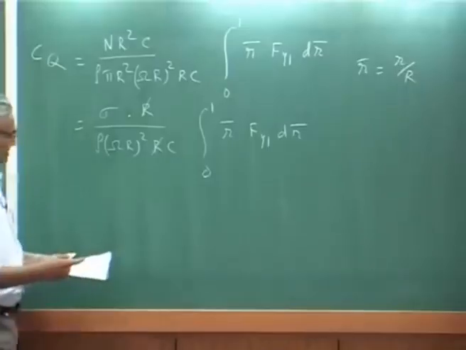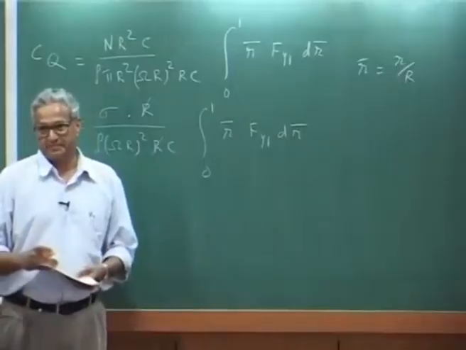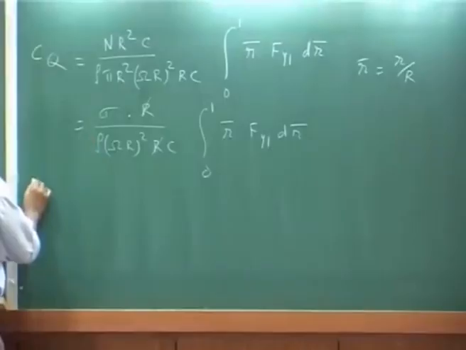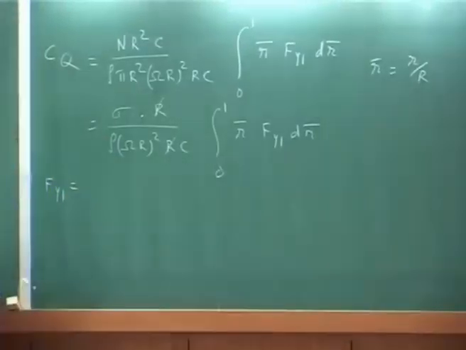Now, let us write our Fy1. We had defined earlier Fy1, if you go back, that is nothing but the drag force. Okay. Look at your notes, where is your Fy1?